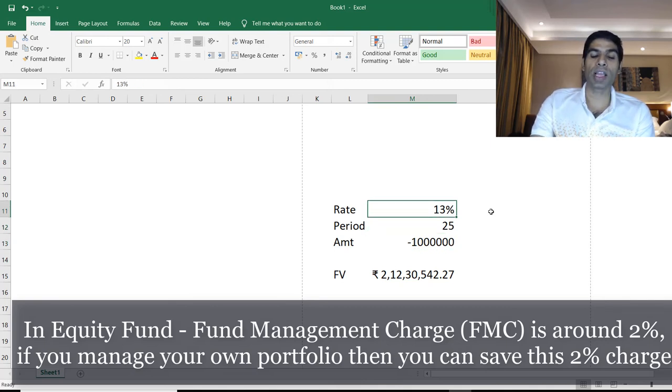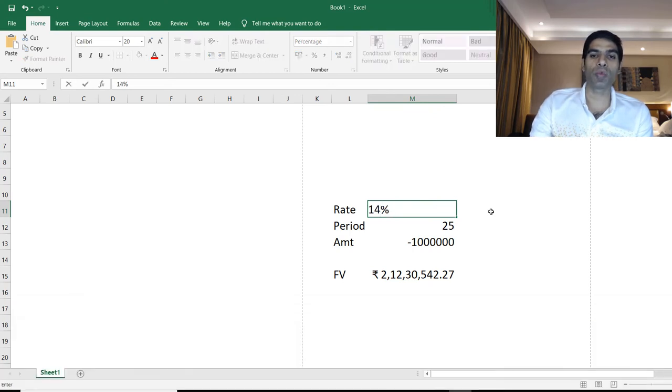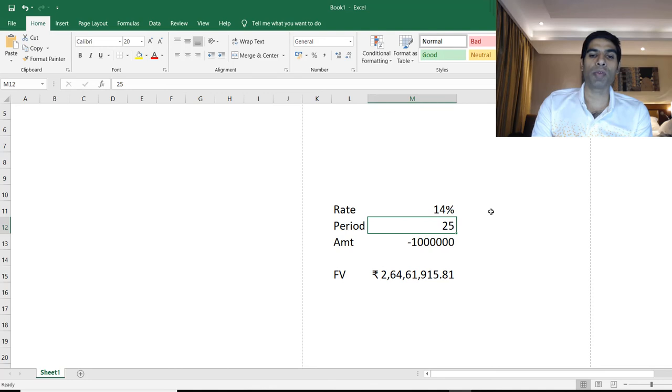Now let's say there would not be a 2% gap. That's quite unrealistic. But if the gap is closer to 1%, let's keep it at 14%. Even then, it's a gap of around 60 odd lakh rupees, right? So this becomes critical. Even if it's 0.5%, even then you're looking at 30 to 40 lakh rupees of gap here.